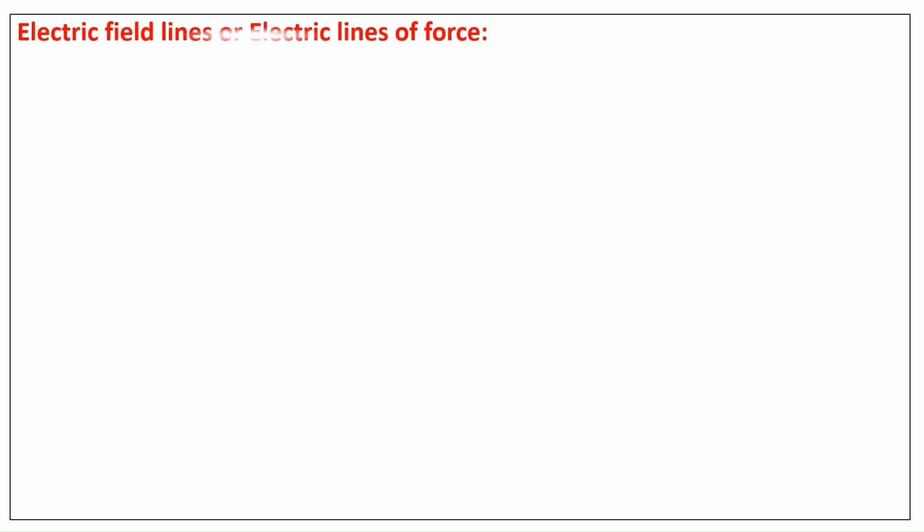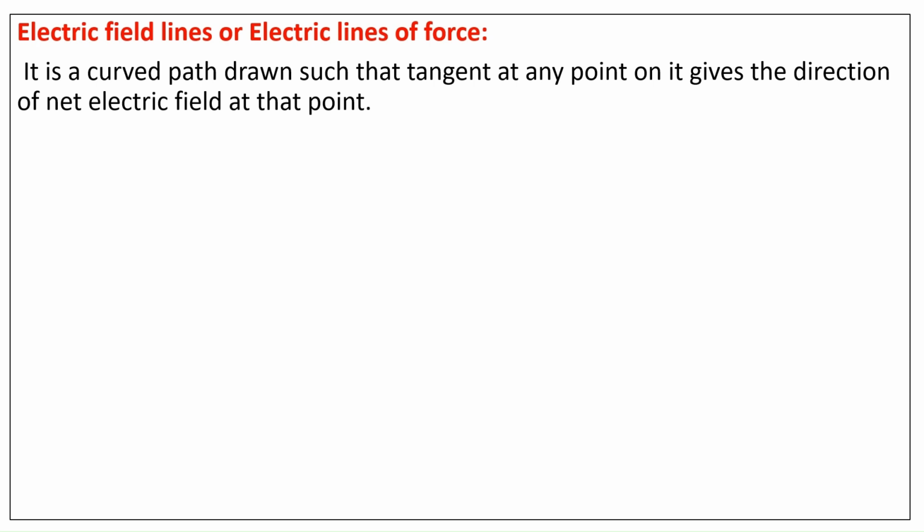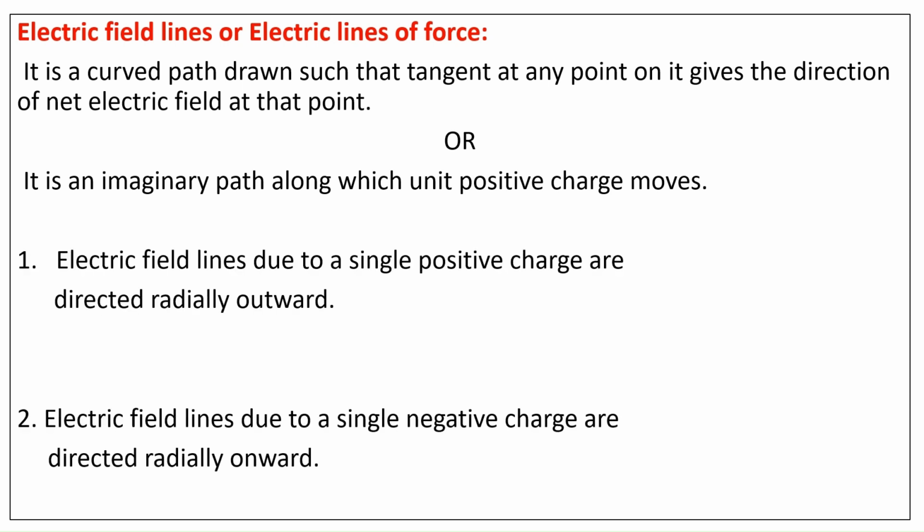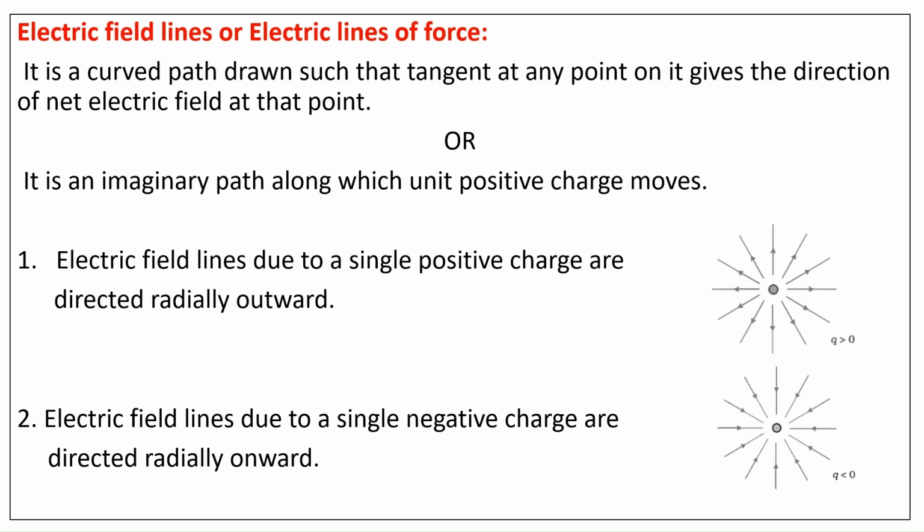Electric field lines or electric lines of force. It is a curved path drawn such that the tangent at any point on it gives the direction of the net electric field at that point. Or it is an imaginary path along which a unit positive charge moves. 1. Electric field lines due to a single positive charge are directed radially outward. 2.